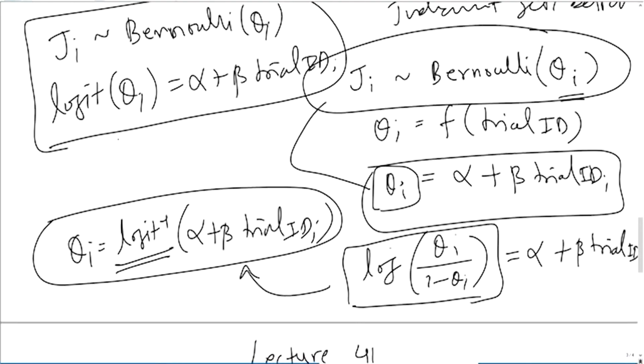Right. Why does this function help? Actually, what happens is that if, let's say, on the x-axis you have theta, which has values between 0 and 1, and on the y-axis you have logit theta. So the relationship is like this: at theta equals 0.5, the value of logit theta is 0.